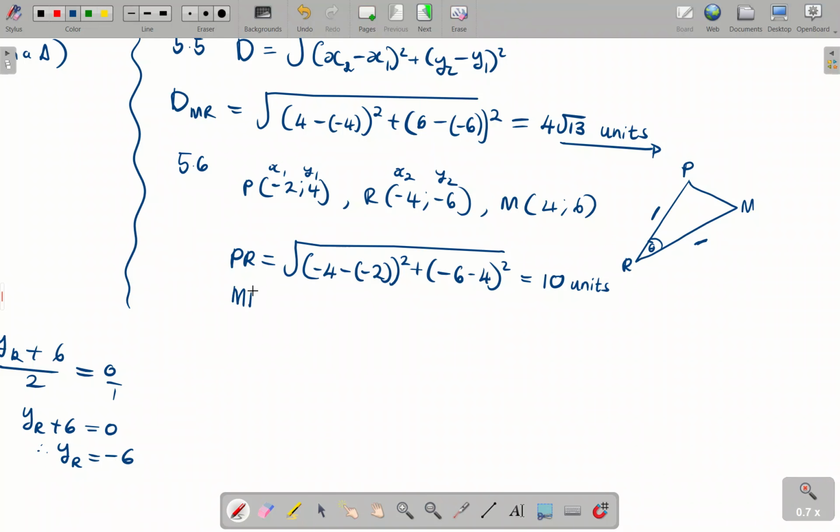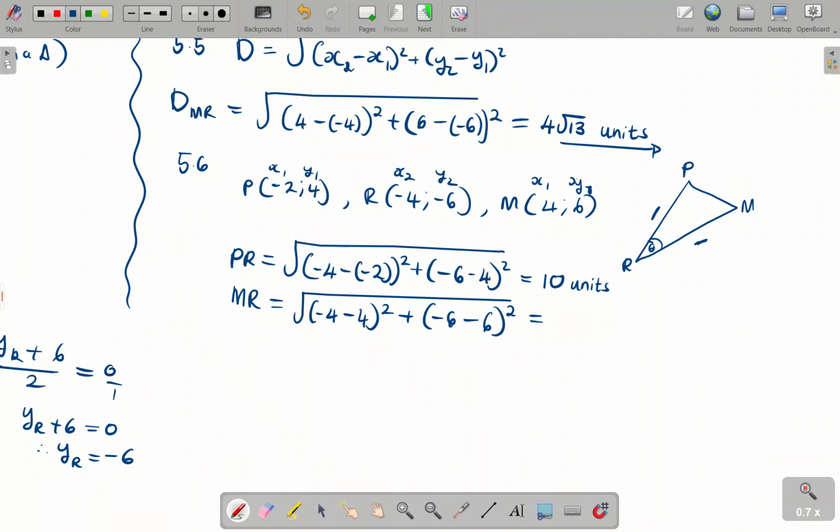And then we also need MR. So let's find MR. I'm just going to name this our x1, y1 there. So now this is the square root of your x2, which is -4, minus your x1, which is 4, and then squared, plus your y2, which is -6, minus your y1, which is 6, and then squared.